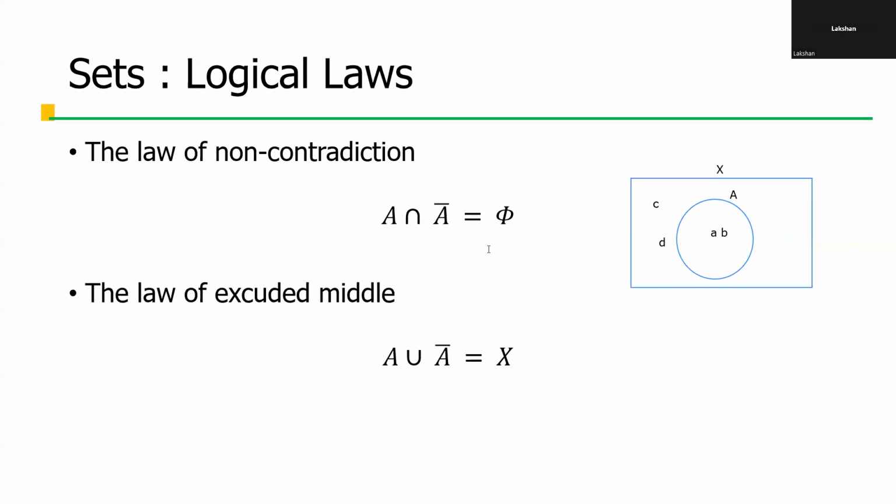So A and A prime, if we have the union of that, we get X, the universal set. So that is the concept of the logical laws of sets. Okay, let's move on.